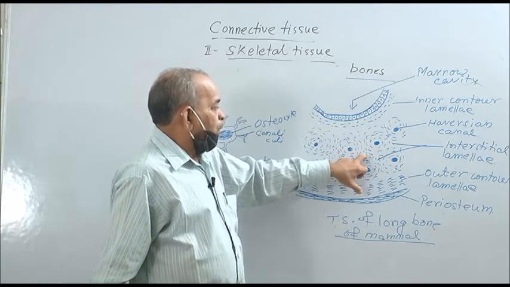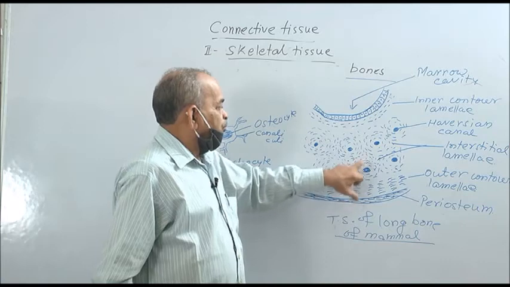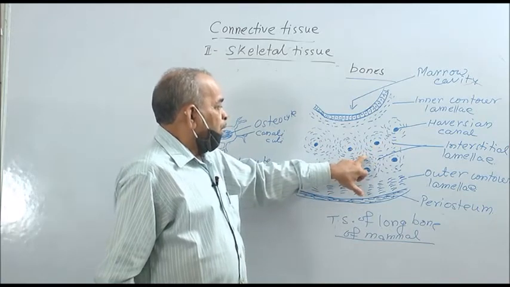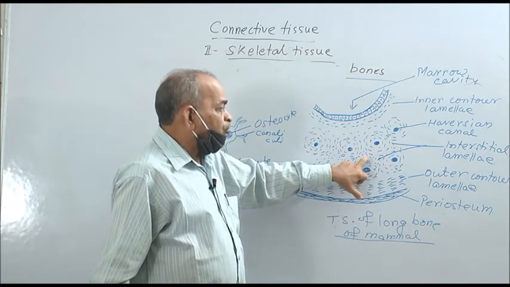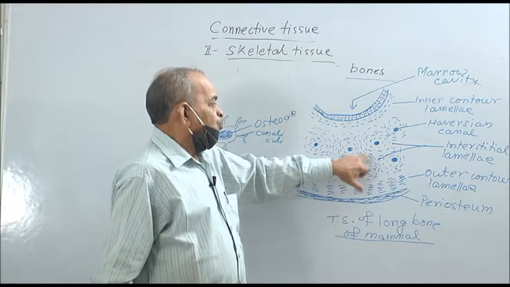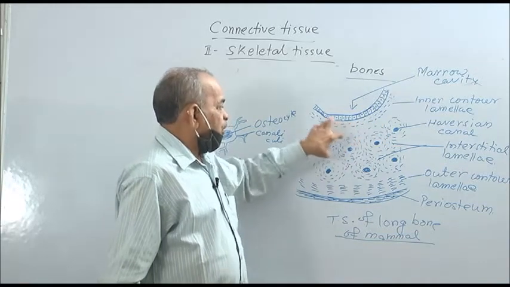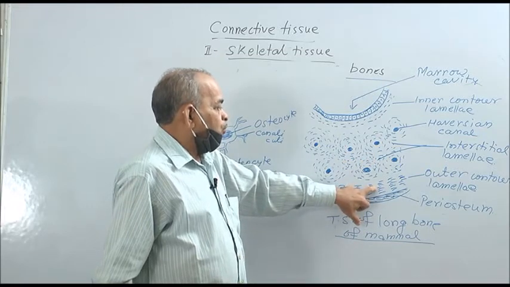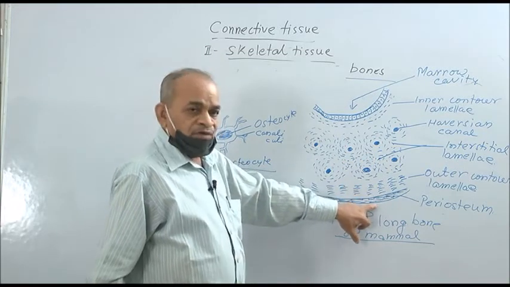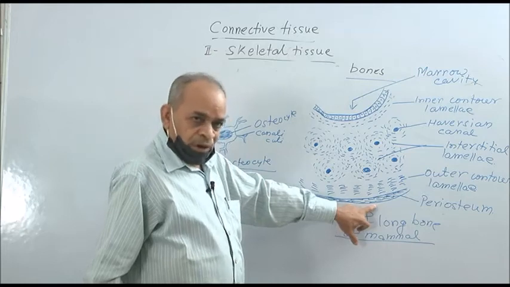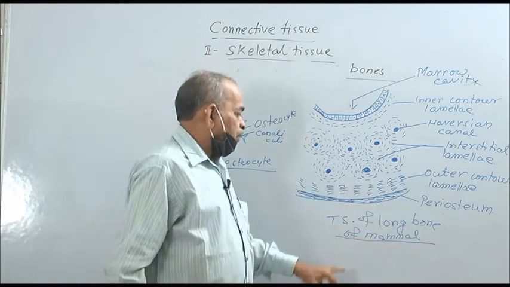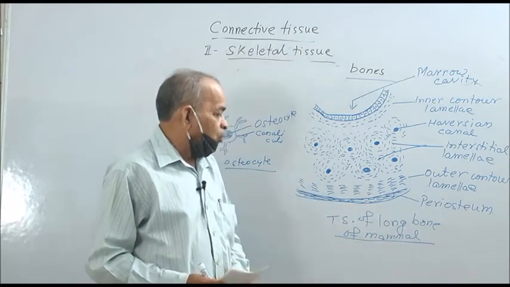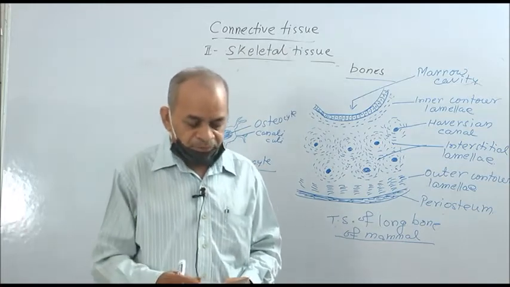Here in the middle, between these three, these lamellae are known as interstitial lamellae. So this is known as the Haversian system. Then this is outer contour lamellae, and this is the surface layer, periosteum. So this is the TS of long bone of mammal.